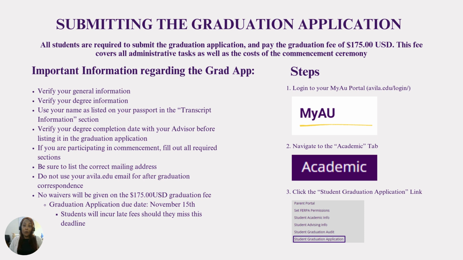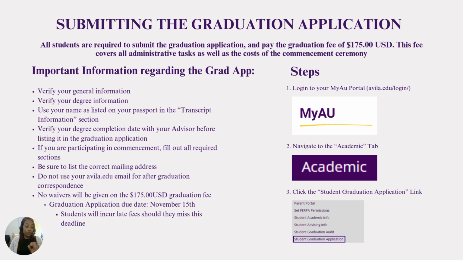So, steps to submitting the graduation application: you log into your MyAU portal, you navigate through the academic tab, and then you navigate to the student graduation application link. It's pretty cut and dry to get there. When you're filling out your graduation application, you want to make sure to verify your general information and your degree information.